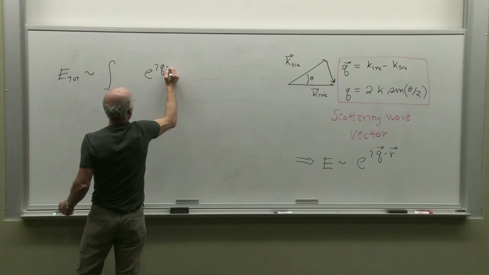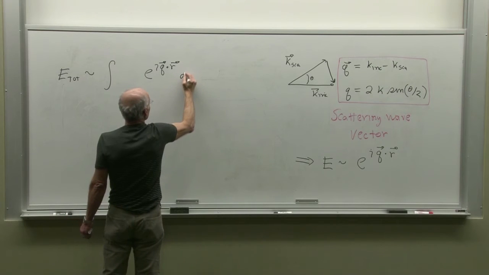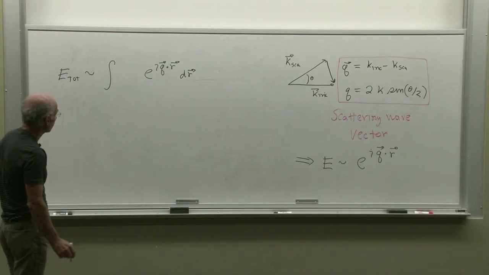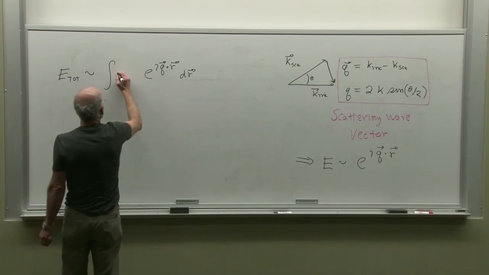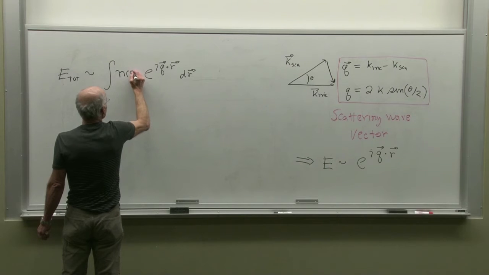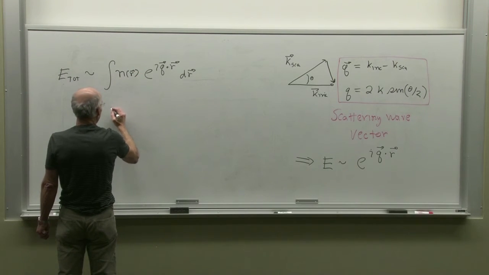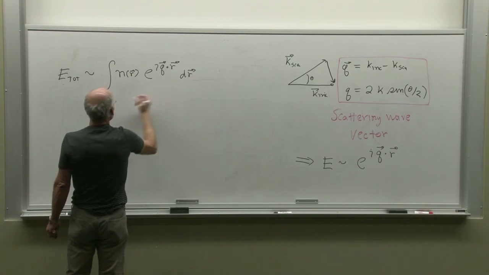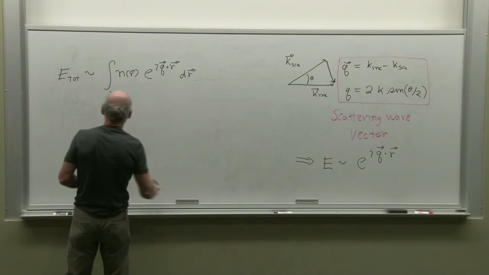We're going to integrate over all the positions of these guys. And we could define a density function, the density of these point scatterers in three-dimensional space.